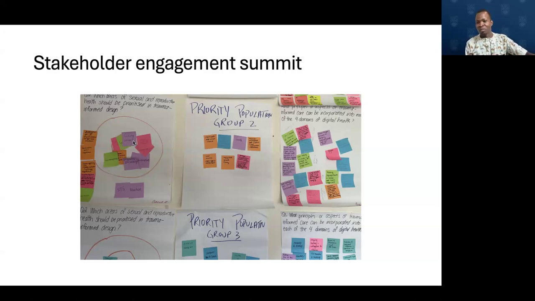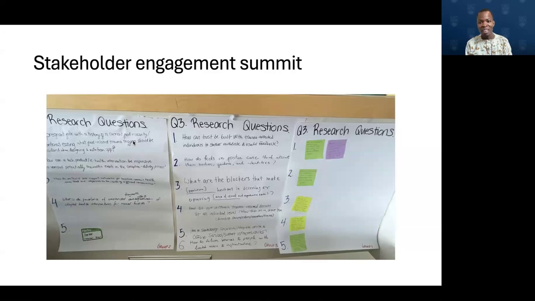For example, software engineers in this summit were really amazed about how certain technical decisions could end up traumatizing patients, based on what the patients said. And clinicians kind of understood the best approaches for engaging with patients through digital technologies.